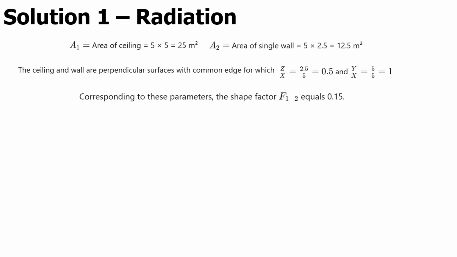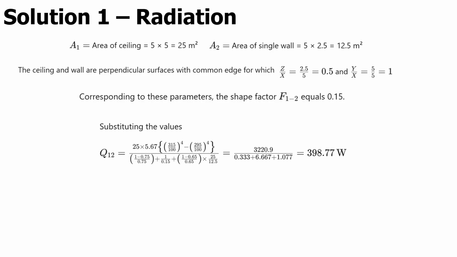Now with all the necessary values, we can substitute them into our radiant heat exchange equation, and we plug in all of the values: the Stefan-Boltzmann constant, the temperatures, emissivities, and the calculated shape factors. After performing the calculations, the radiant heat loss from the ceiling to the single wall, Q12, is approximately 398.77 watts.